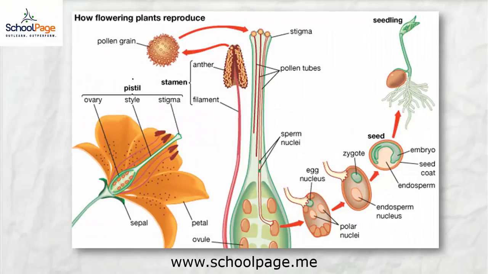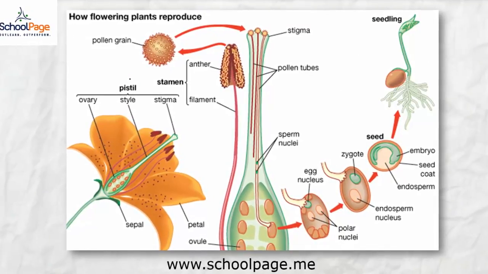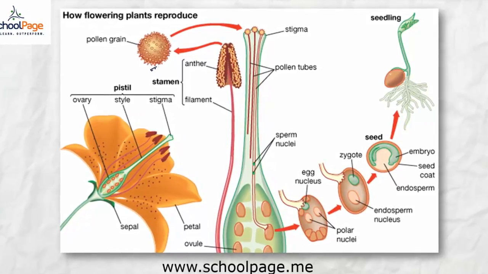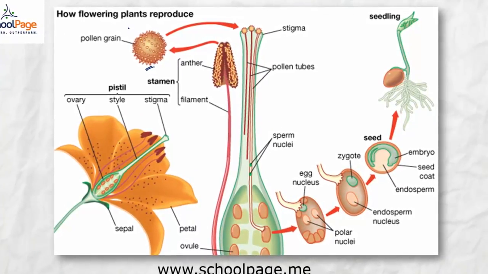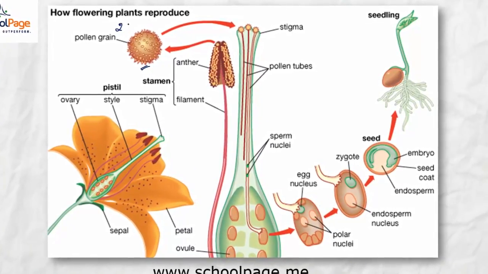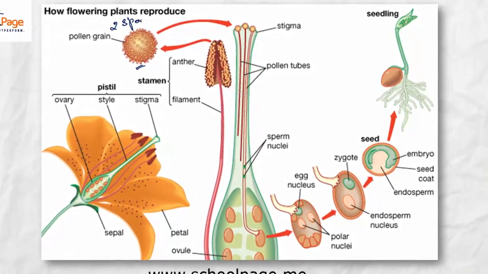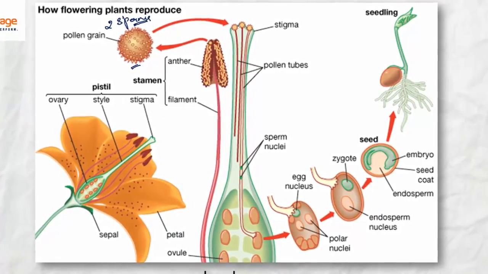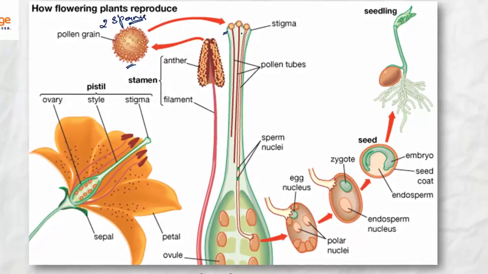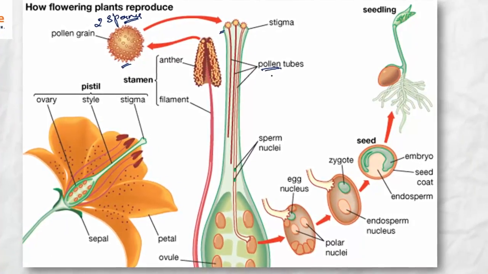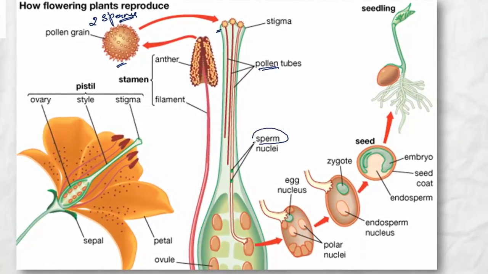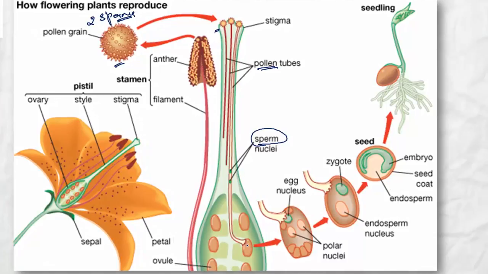Now let us understand what happens after pollination. Here you can see a pollen grain. Each pollen grain has two male gametes or sperms. When the pollen grain gets attached to the stigma, it develops the pollen tube within which the sperms travel. You can see here the pollen tube is attached to the ovules. Now the sperms travel through the pollen tube and enter the ovules.